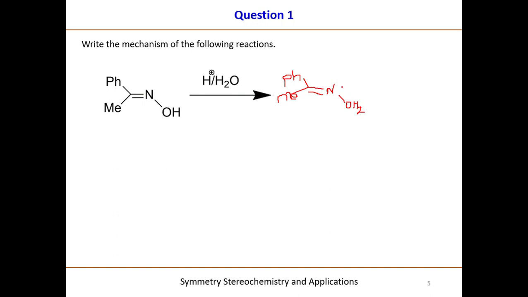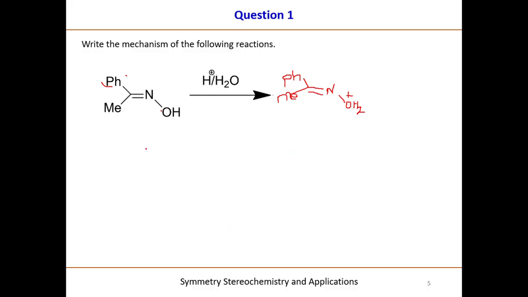So this plus charge will be on this oxygen atom. So the alkyl group which is trans to the OH group. Here you can see this phenyl group, and here the OH group. And the phenyl group is trans to the OH group. So the phenyl group will migrate here.